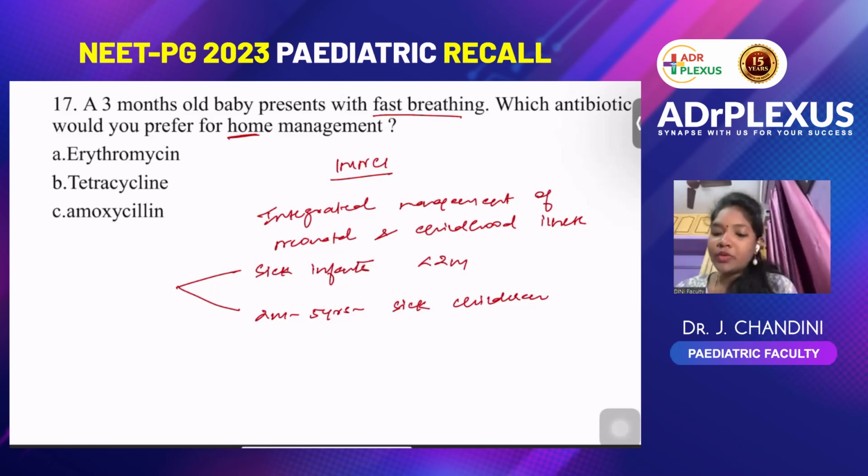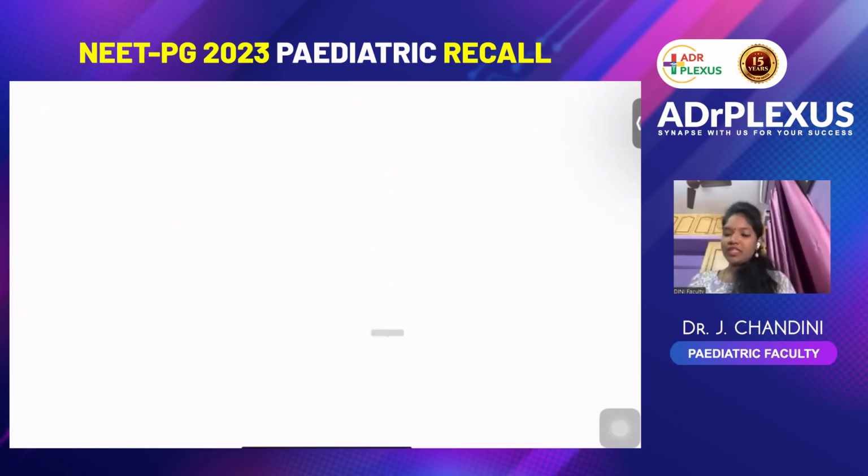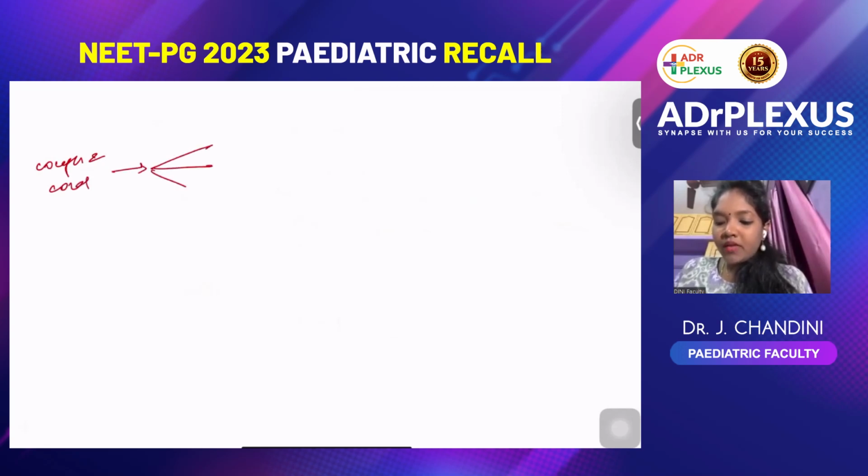Now they ask, according to this, if a baby has fast breathing, which antibiotic will you give for home management? According to IMNCI, you will prefer amoxicillin. Okay, the answer here is amoxicillin. But what will you do? You will see whether the child is having cough and cold. If the child is having cough and cold, the next step is they will see whether the child has any warning signs, like refusal of feeds, lethargy.